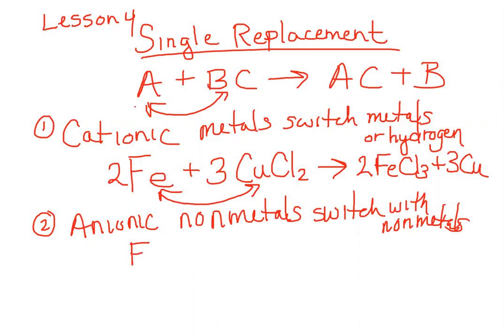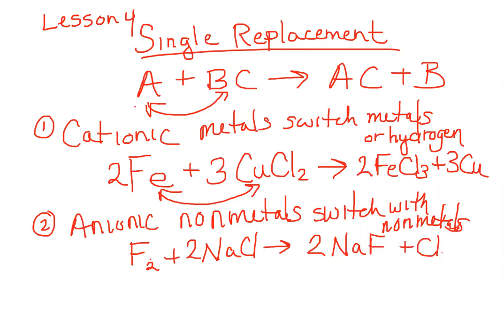We've got fluorine plus NaCl, and that gives you NaF plus chlorine. So these two are switching. Okay, two nonmetals are switching. So those are the two different kinds of single replacement.